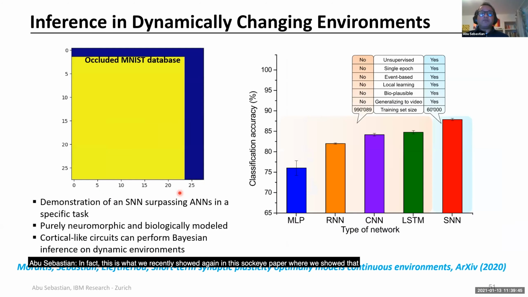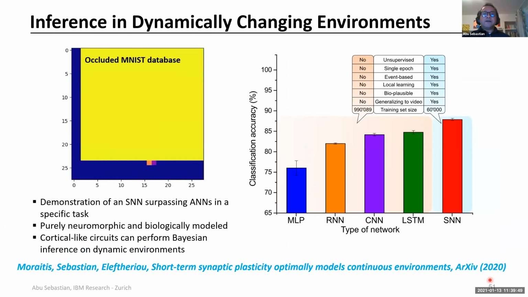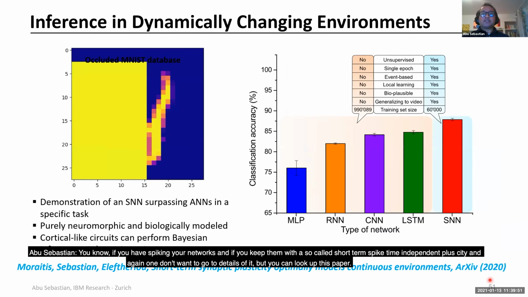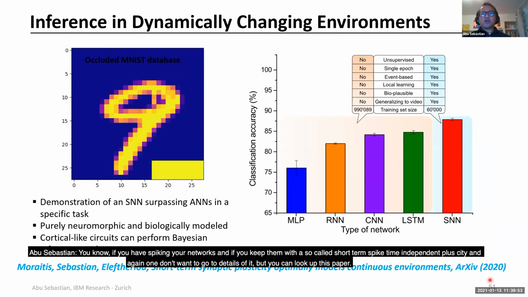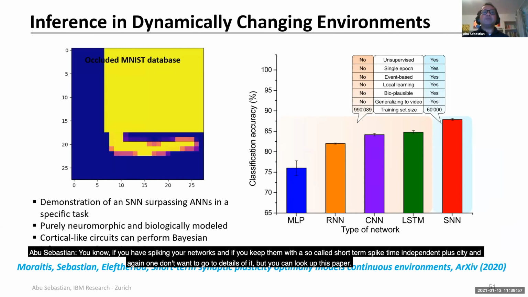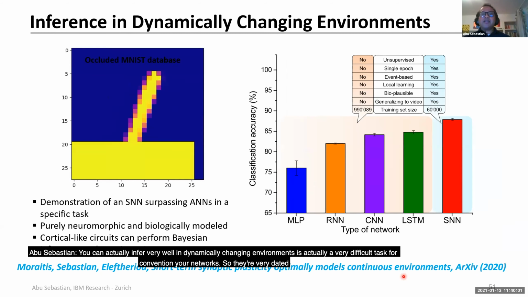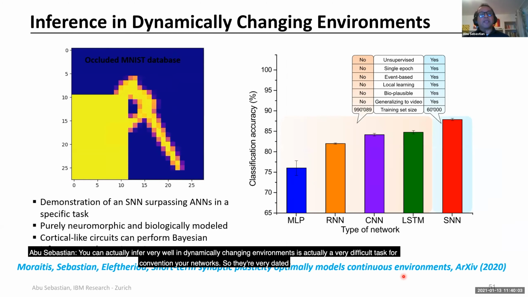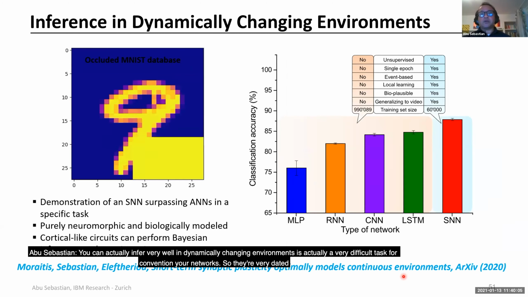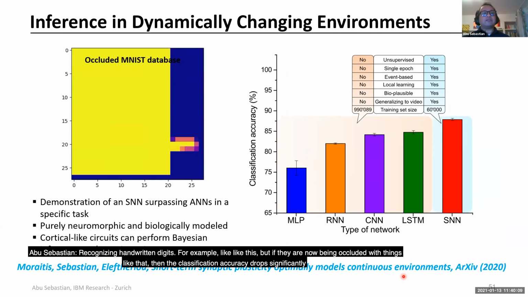In fact, this is what we recently showed again in this arXiv paper, where we showed that if you have spiking neural networks and equip them with a so-called short-term spike timing dependent plasticity, I again don't want to go into details of it, but you can look up this paper. You can actually infer very well in dynamically changing environments. It's actually a very difficult task for conventional neural networks. They're very great at recognizing handwritten digits, for example, like this.